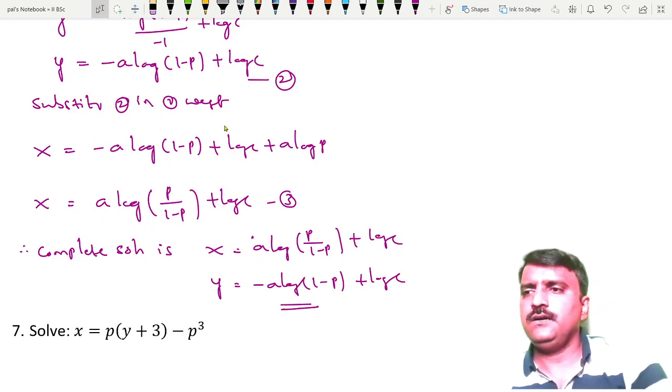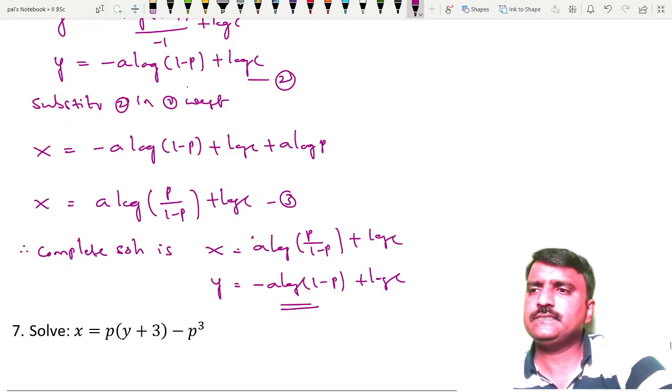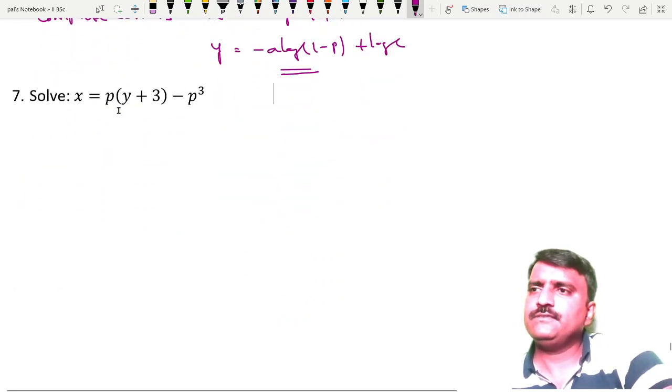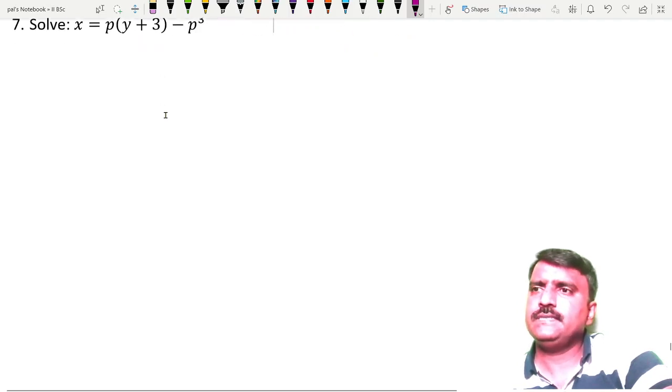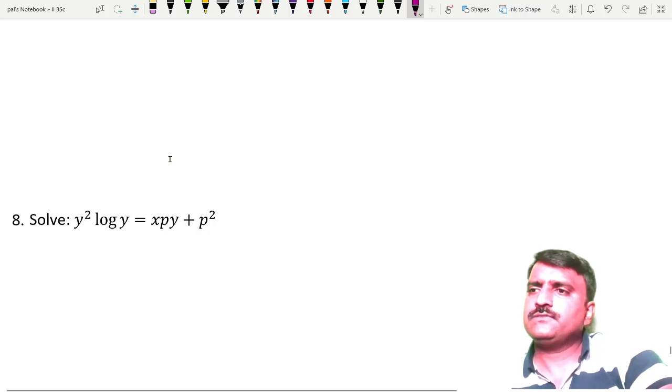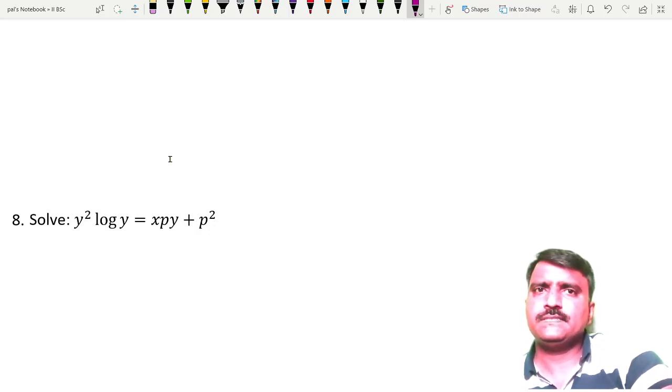Similarly, or by using previous methods, you solve this seventh problem, x is equal to p into y plus 3, and y square log y is equal to xpy plus p square.